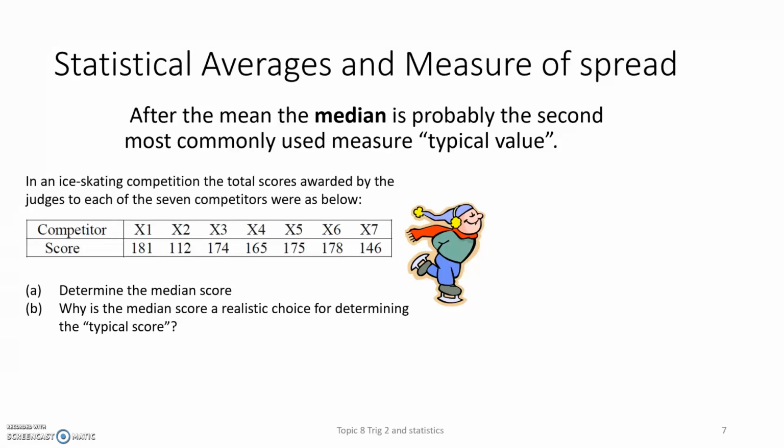Another type of average that we might look at is called the median. And sometimes it's better to use the median rather than the average. For this example, we would probably need to put them in order.